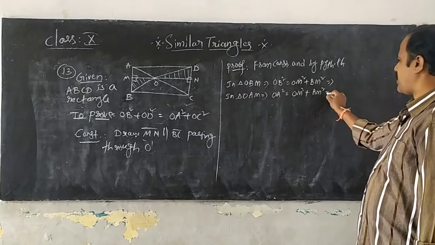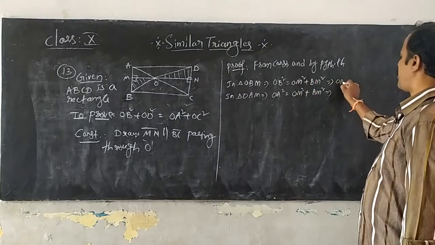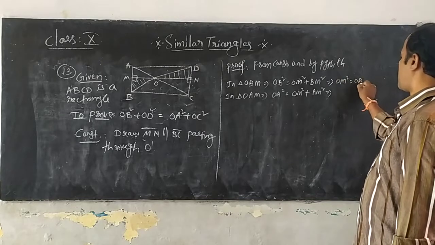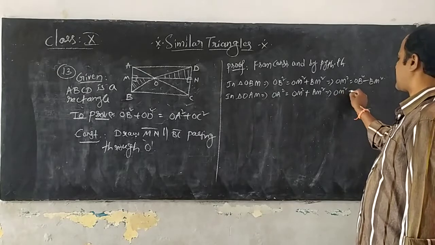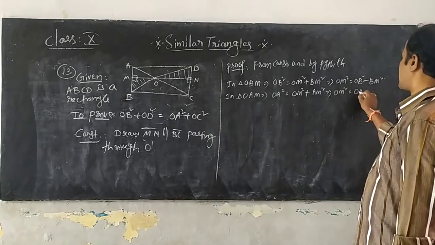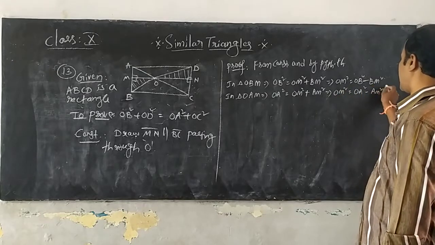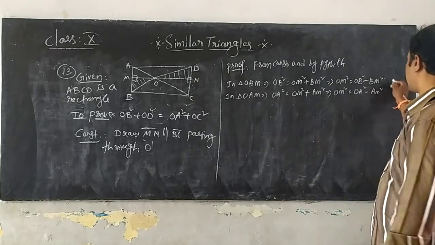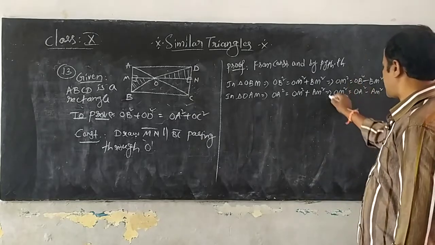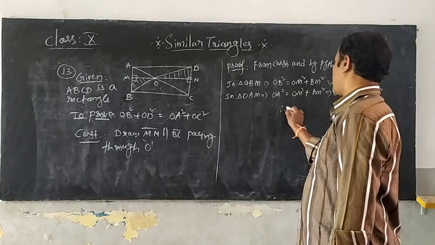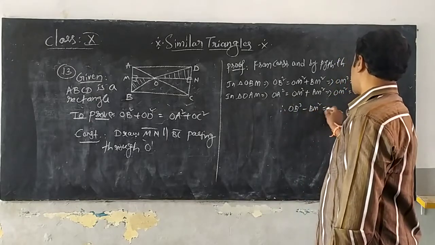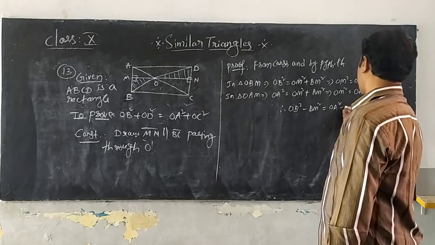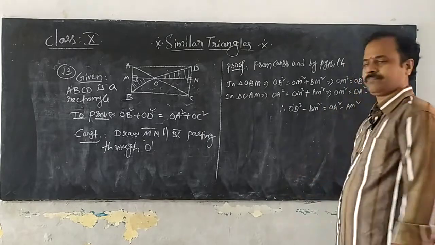So OM square is equal to OB square minus BM square, and OM square is equal to OA square minus AM square. Therefore OB square minus BM square is equal to OA square minus AM square.